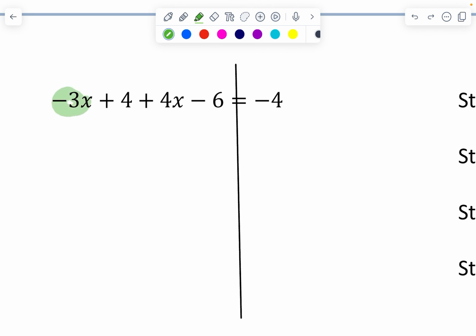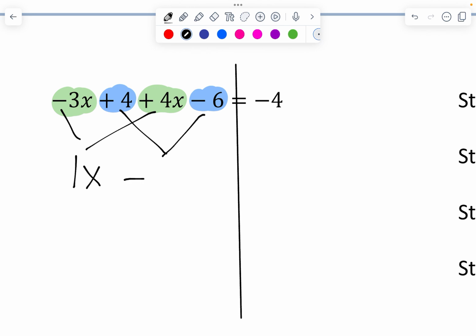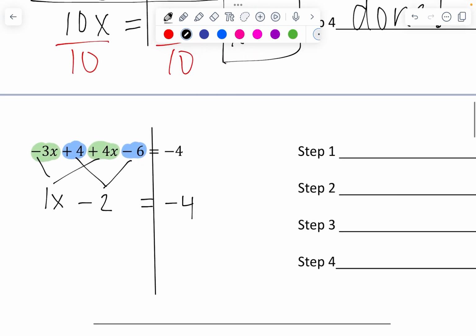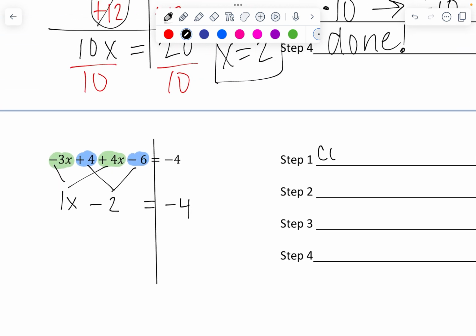Okay, I see multiple x's, so I see -3 plus 4. So -3 plus 4 is just 1x. And then you can put together the 4 and the -6. So that's -2. Bring down the equal sign, bring down the -4. So again, step 1 here is just to combine like terms.